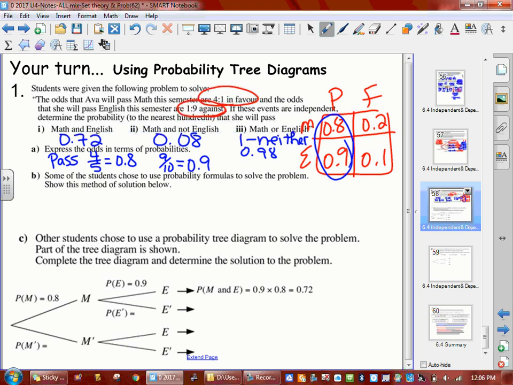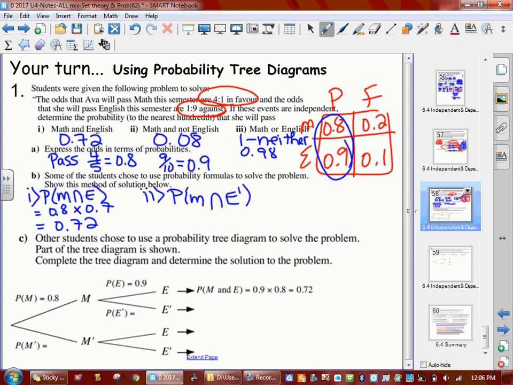All right, so probability formulas. For the first one, passing math and English is going to be 0.8 times 0.7 to give us 0.72. Math, not English, probability of math and non-English, 0.8 times 0.1 to give us 0.08.